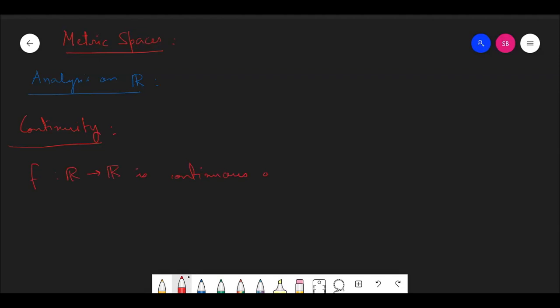A function from R to R is continuous at some A in R. So what does this mean? This means that for all epsilon greater than 0, there exists delta greater than 0 such that modulus of a minus x less than delta implies modulus of f of a minus f of x less than epsilon.